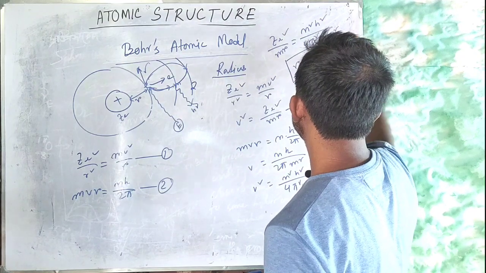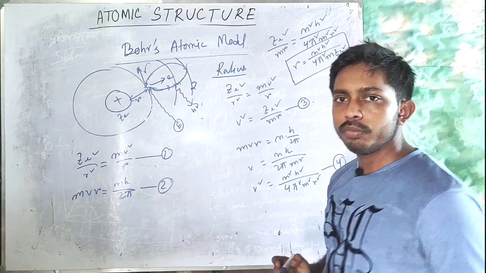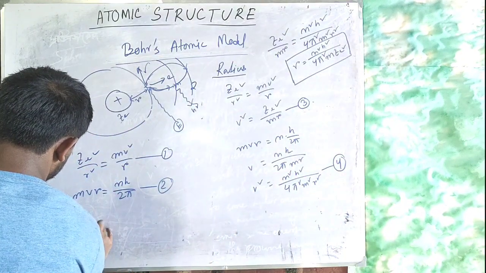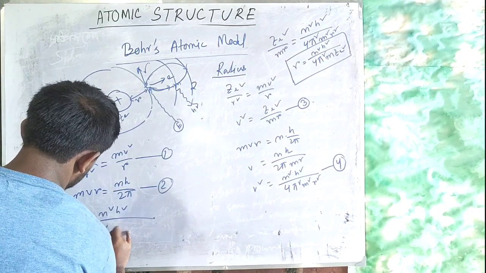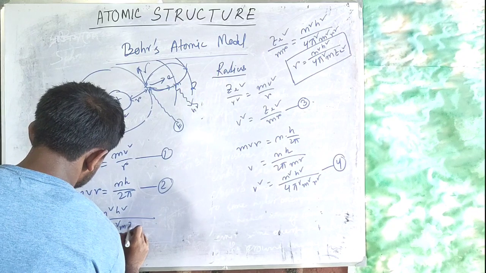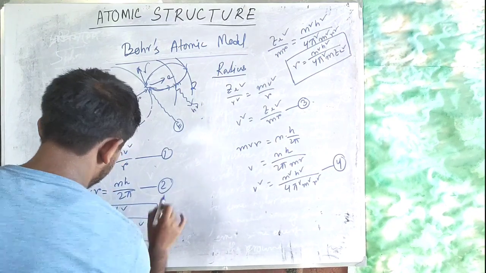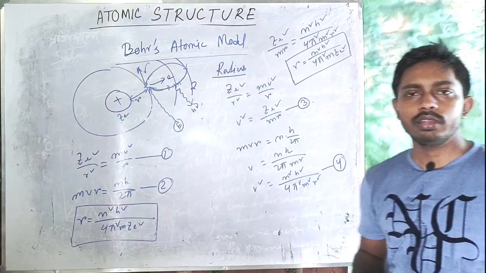So this is the equation to calculate the radius of any Bohr orbit. So we are writing this here. r will be equal to n²h²/4π²mZe². I hope it's clear for you.